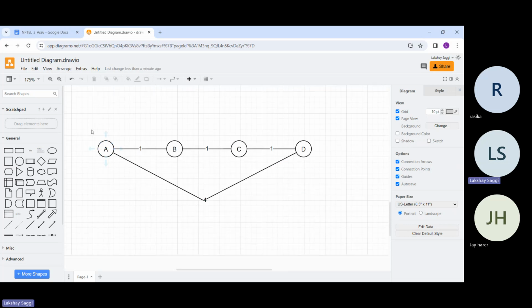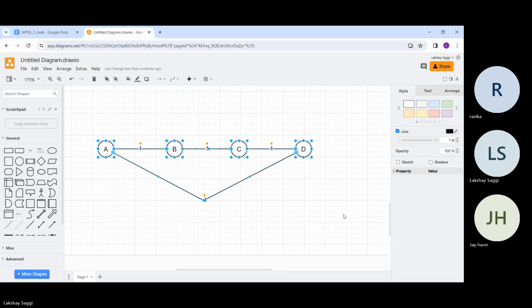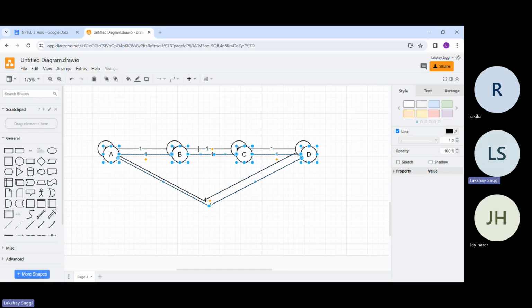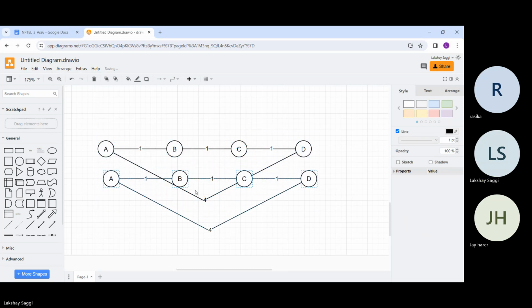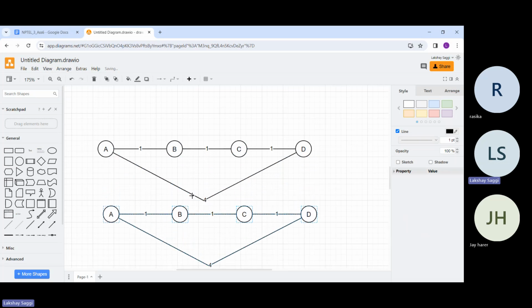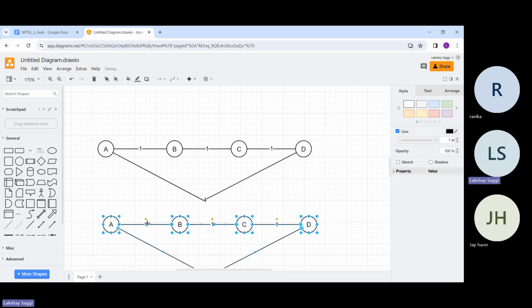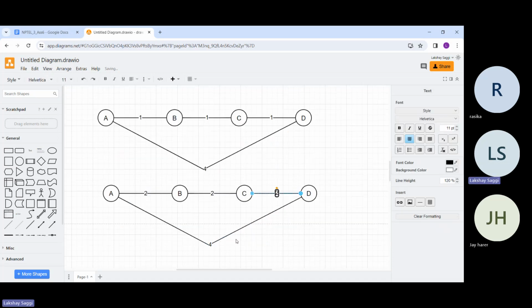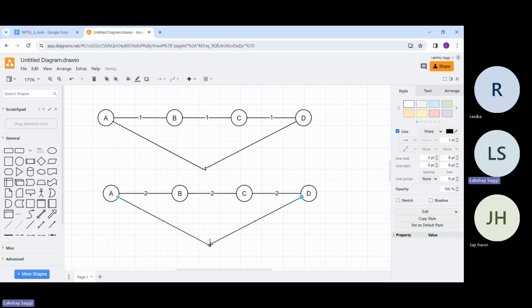Now it is easy to see that the shortest path between A to D is of length 3, which just takes this route, A to B, then B to C, then C to D. But what happens if I increase all edge lengths by 1? These three edges become of length 2, and the A to D edge becomes of length 5.